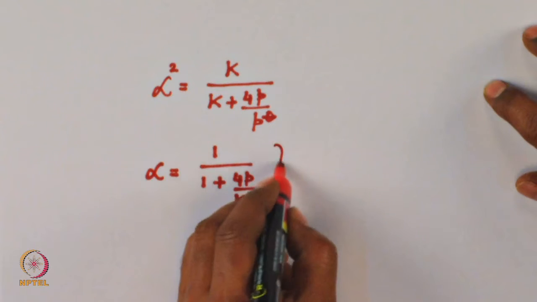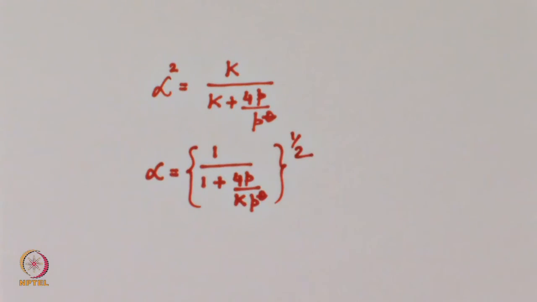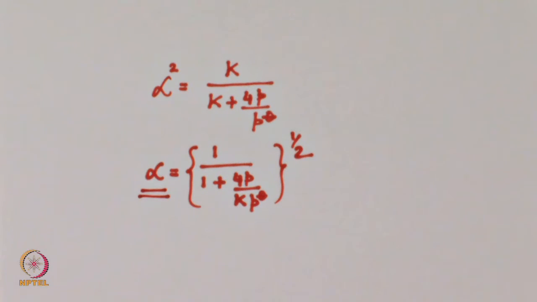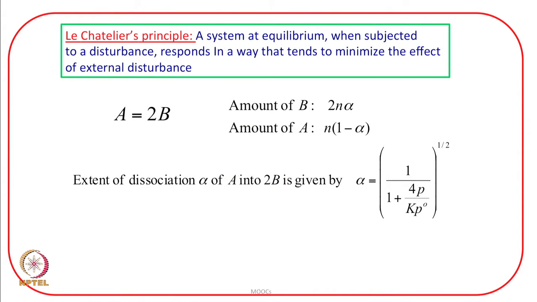I am dividing throughout by K. So, I end up with this relation, and this alpha defines the extent of dissociation. Now, let us take a look at the slide. The extent of dissociation of A into 2B is given by 1 over 1 plus 4 P by K P naught. That is what we have derived now.